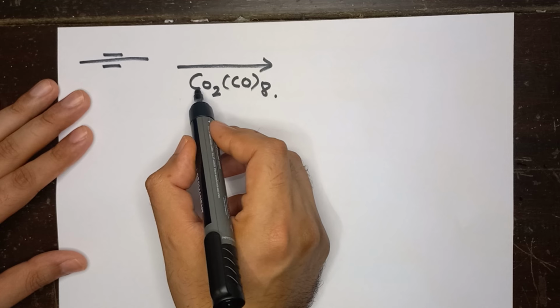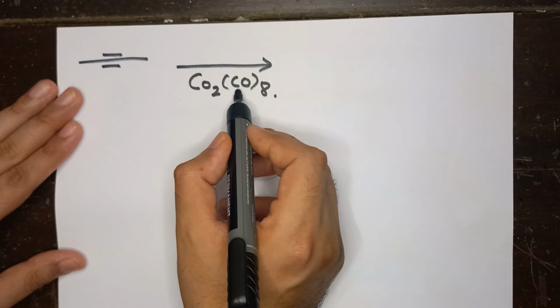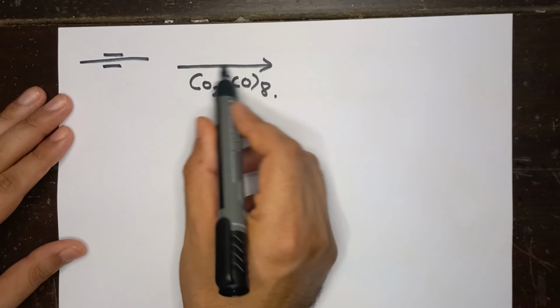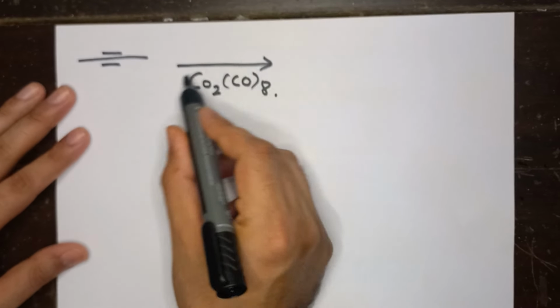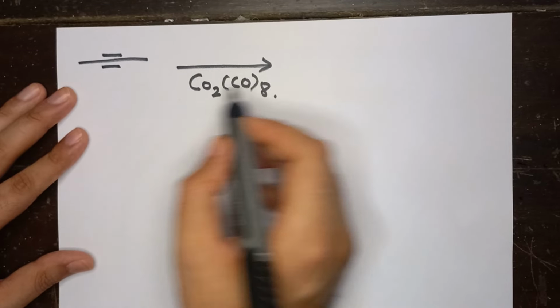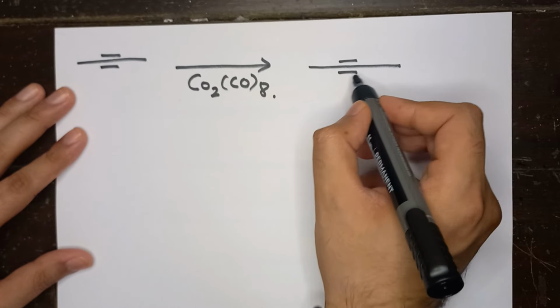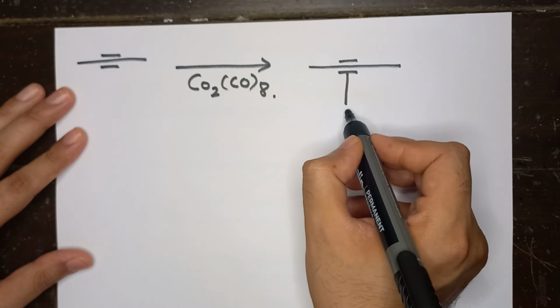Well, this Co is cobalt and this CO is carbon monoxide. So you need to use this particular inorganic compound to protect your internal alkyne. And how does it protect it? All it's doing is forming a complex with my alkyne.